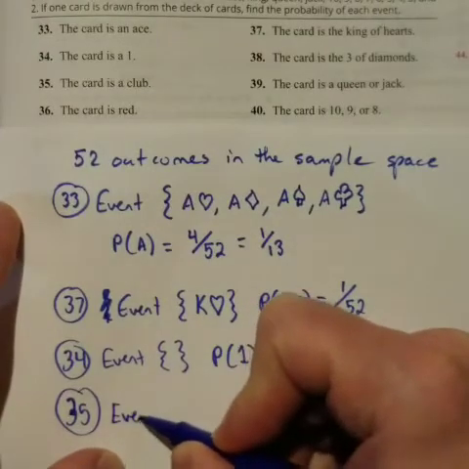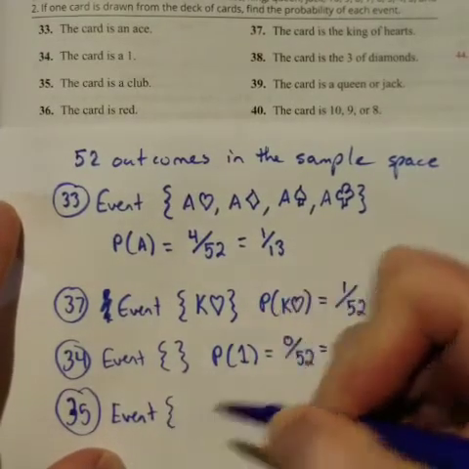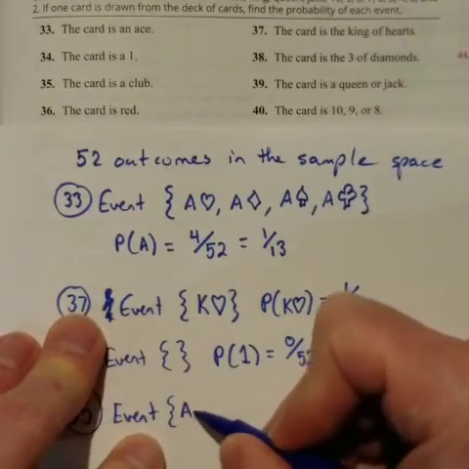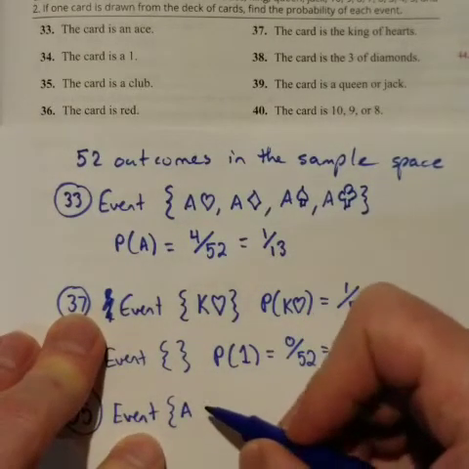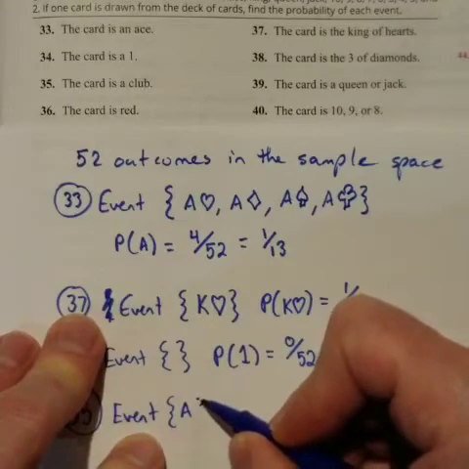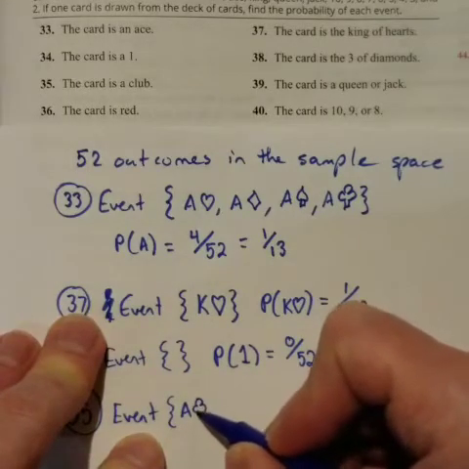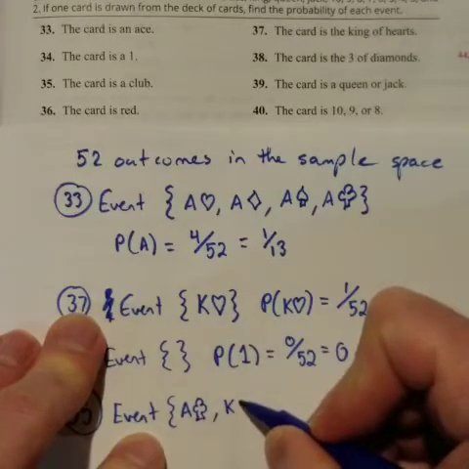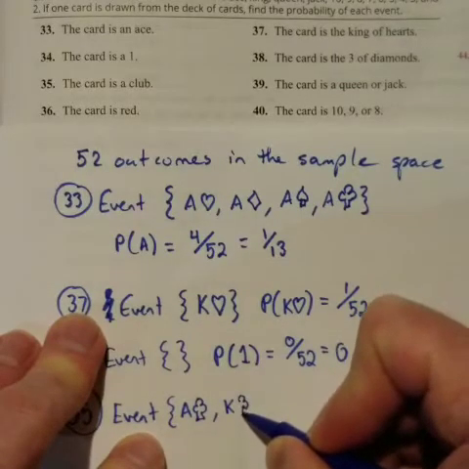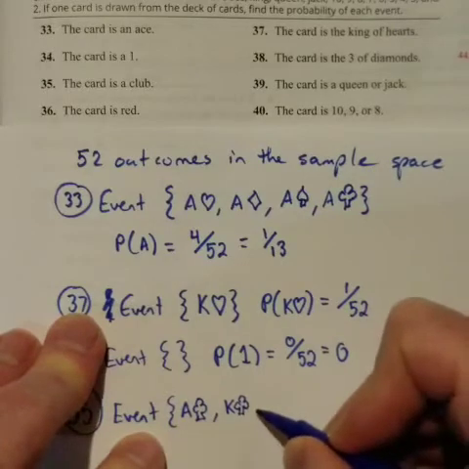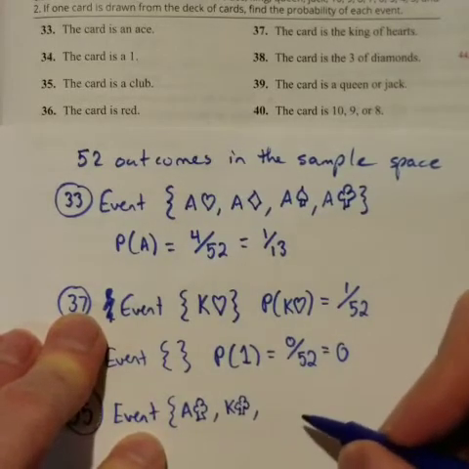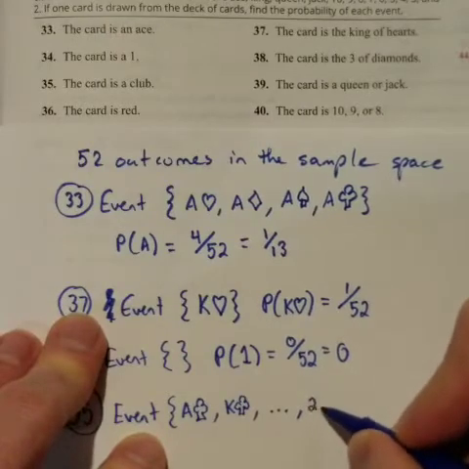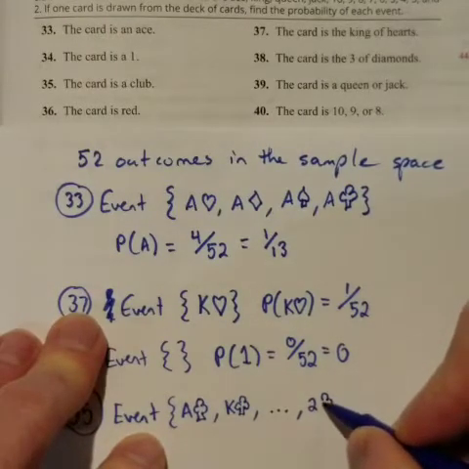Okay, so the event would contain anywhere from the ace of clubs, the king of clubs, the queen of clubs, the jack, and so on, all the way down to the 2 of clubs.